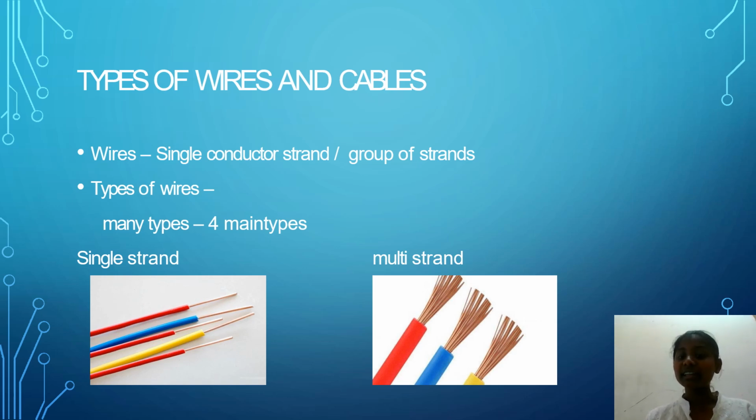In multi-strand, a group of copper wires are twisted together and kept inside the wire. In single strand, only one thin copper wire is inserted in the wire.